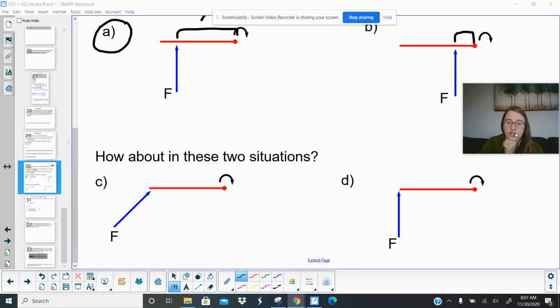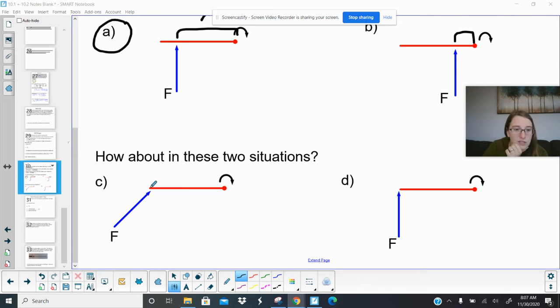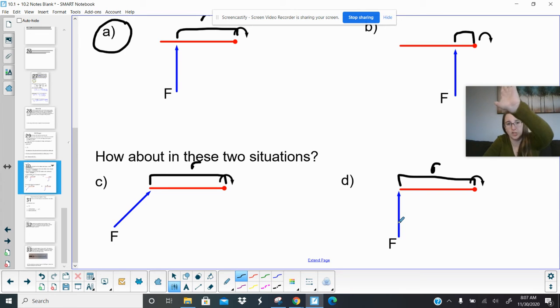Now look at this situation. So now we have these forces being applied the same distance away at the very edge of the rotating body. But here my force is being applied straight on versus I'm approaching the object and pushing it at an angle. Which one is going to produce more torque?